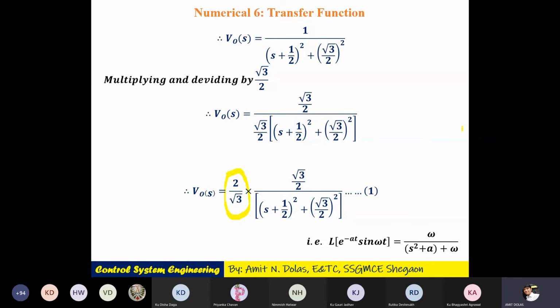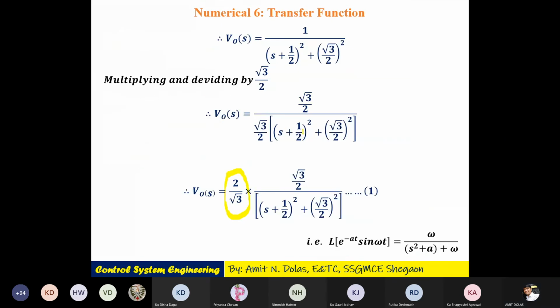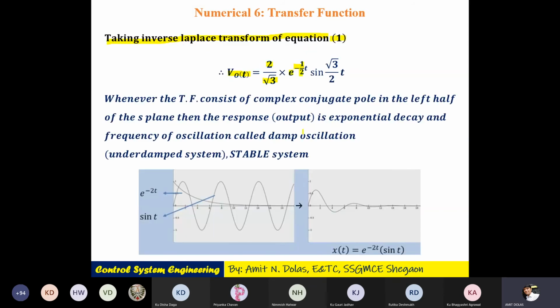So this is 2 by root 3, which is a multiplier. Then e raised to power minus 1 by 2 t, sin of omega, whose value is root 3 by 2, into t.